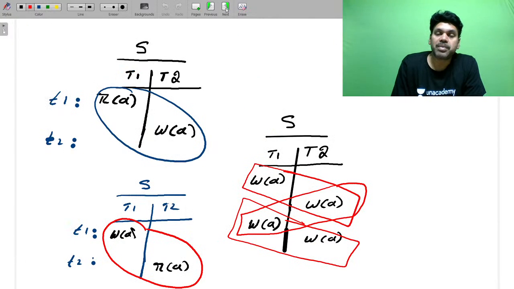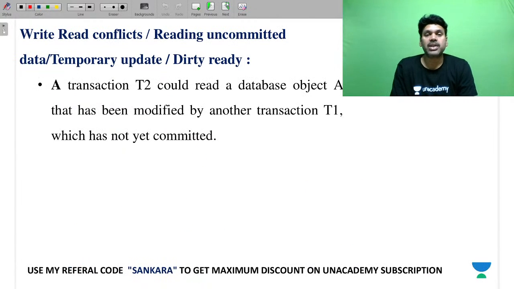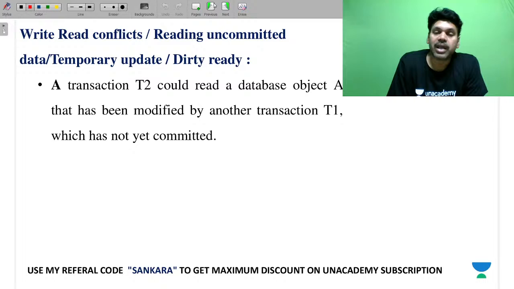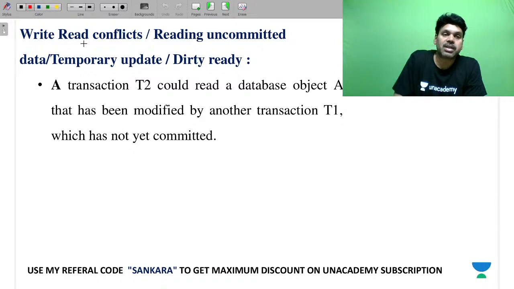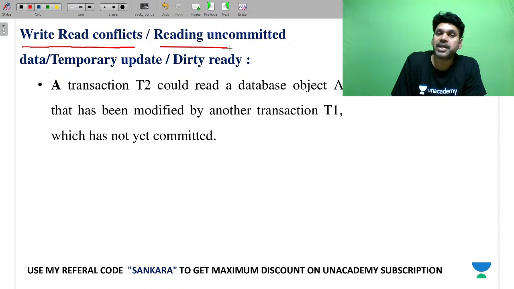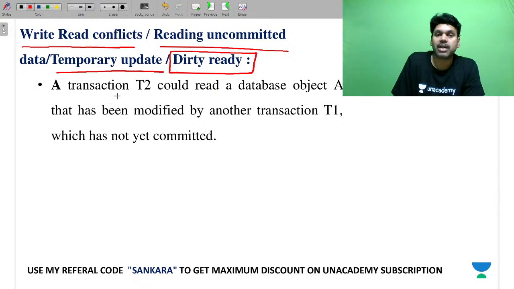RW is called an unrepeatable read, WR is called a dirty read, and WW is called a lost update or overwriting conflict. So first let us examine your WR conflict. Its other name is reading uncommitted data. Also, a very important point, it is called a dirty read, also called a temporary update.